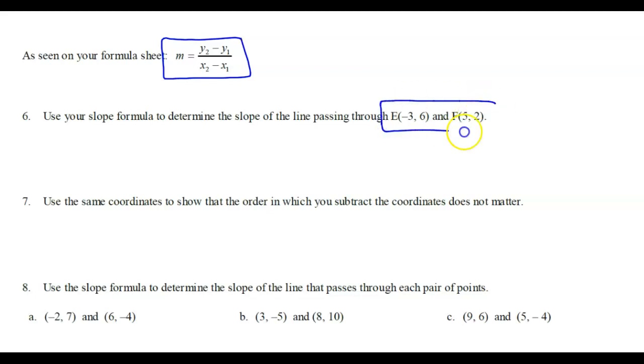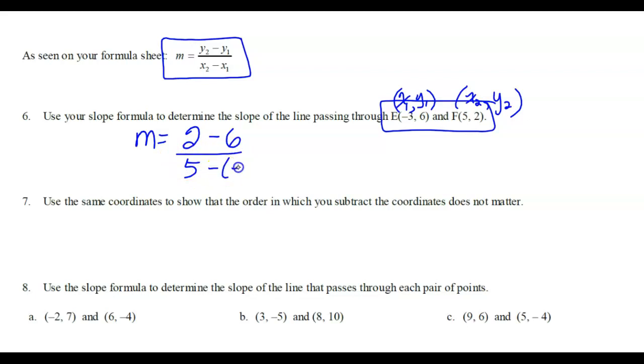So now we have 2 points. E and F. Doesn't matter which is your first and which is your second. I'm just going to go in that order. So this I'm going to consider x1, y1. And this will be x2, y2. So now my slope will be y2 minus y1 over x2 minus x1.